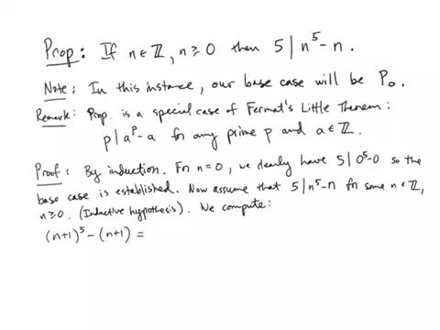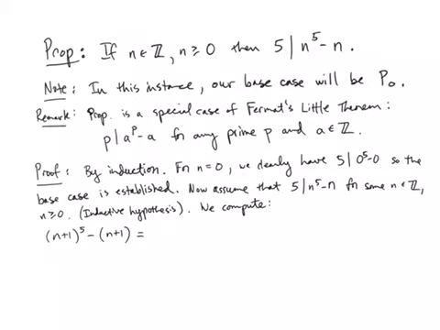We have to do some algebra to compute n plus 1 to the 5th. There's either a well-known formula you can look up, it follows from what's called the binomial theorem, or you can just do this bit of algebra, just multiply n plus 1 out by itself 5 times.